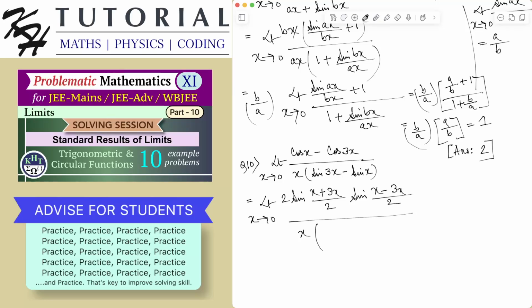So sin a minus sin b, its formula is sin a minus sin b.